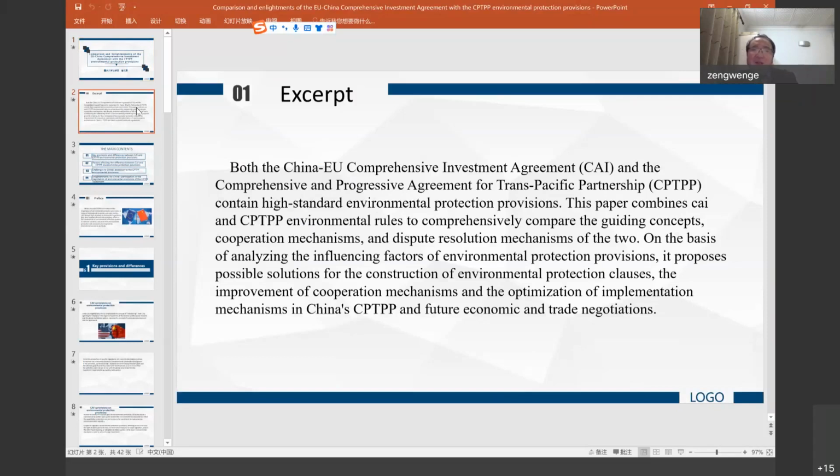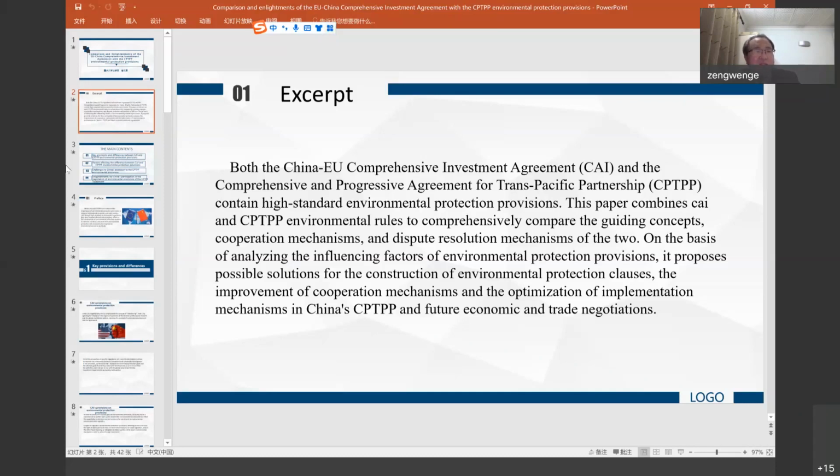Meanwhile, the CPTPP has similar articles. This topic compares them and draws some enlightenment for China. For China, accession to the CPTPP has some difficulties, so we learn from this comparison.